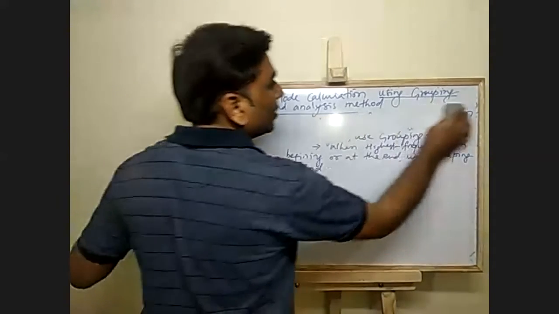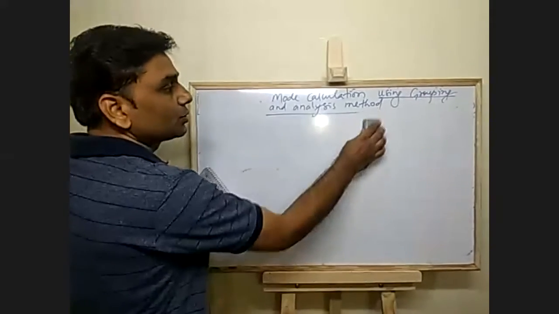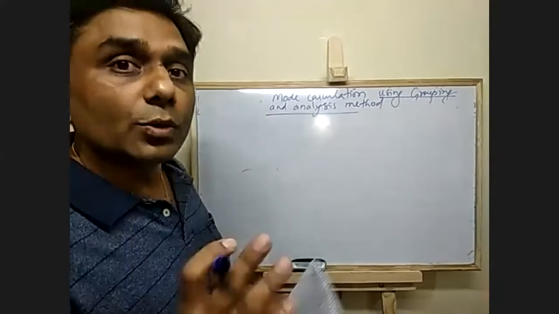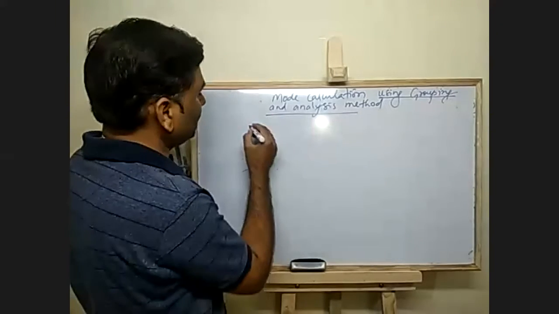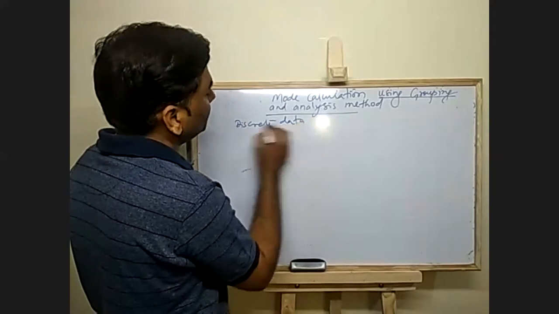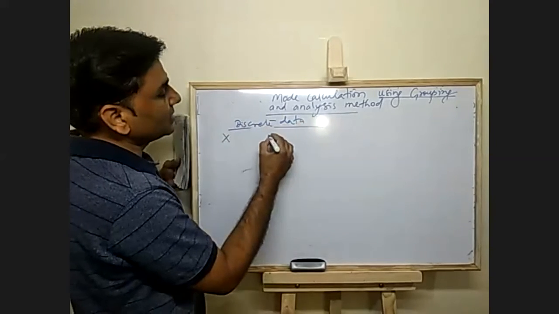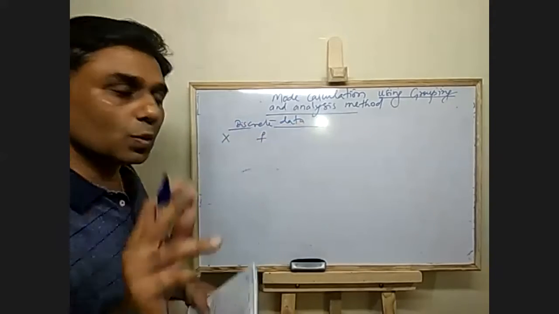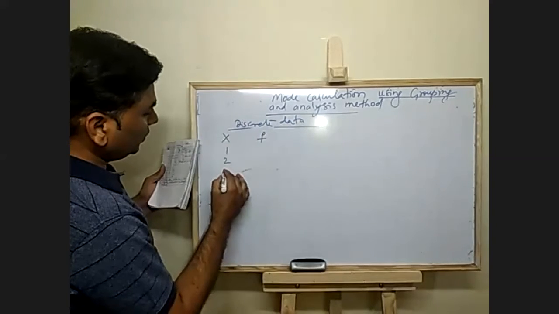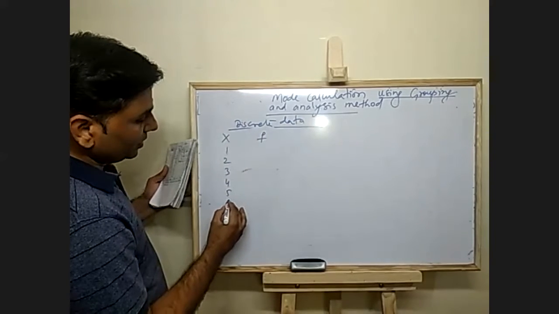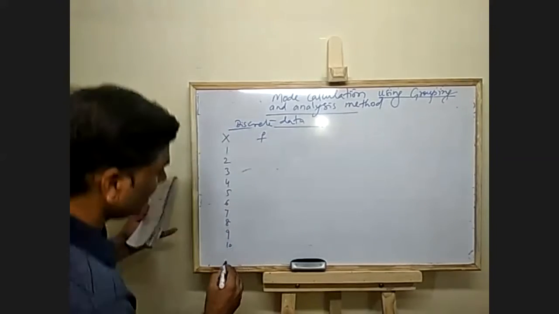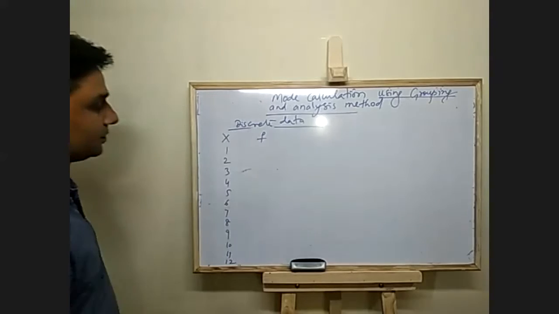You have seen when we can use this. So let's do the calculation. Let's imagine that we will do it for discrete data. Discrete data in the sense, what have they given? They have given X and F. The values are 1, 2, 3, 4, 5, 6, 7, 8, 9, 10, 11 and 12.